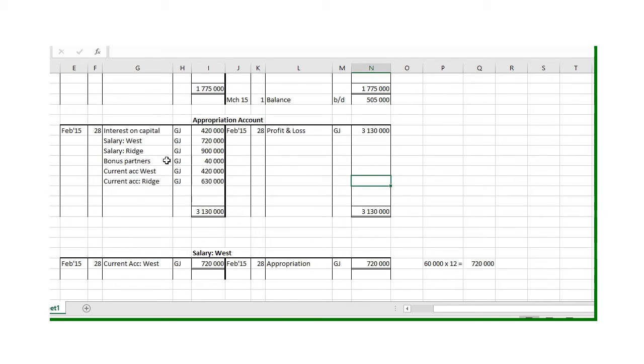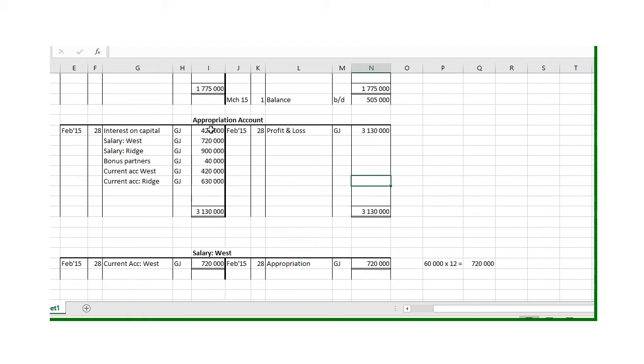You'll put in their bonus, in total, if they got a bonus. Those they normally give you. Sometimes they then give you the profit. They will tell you the net profit for the year was 3,130,000, and they split the remaining profit in a ratio of 2 to 3.